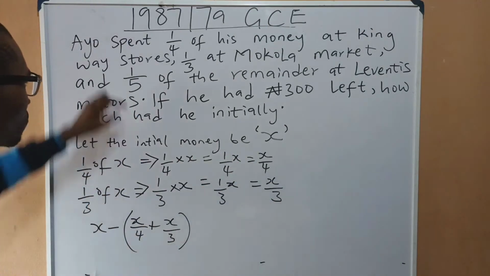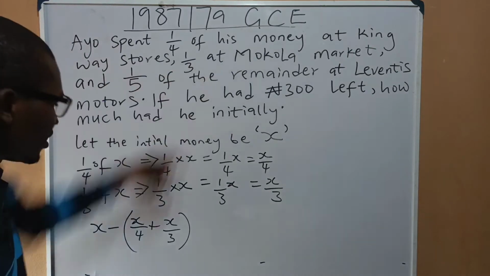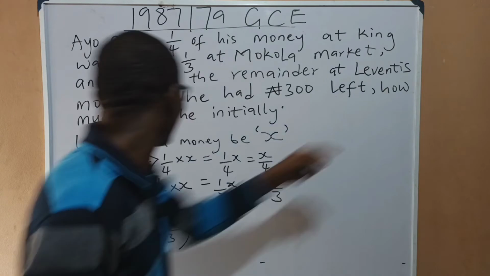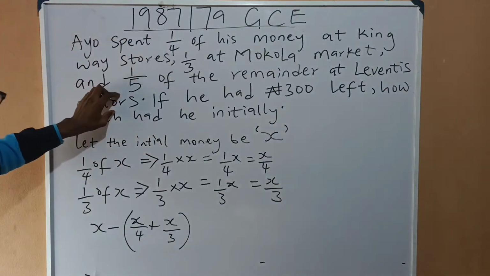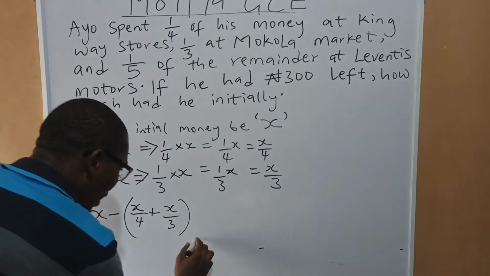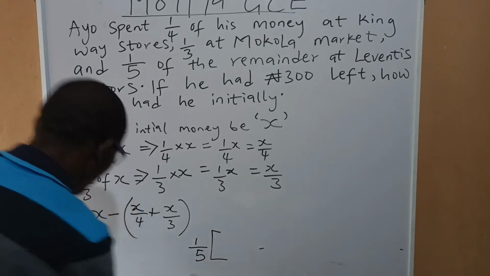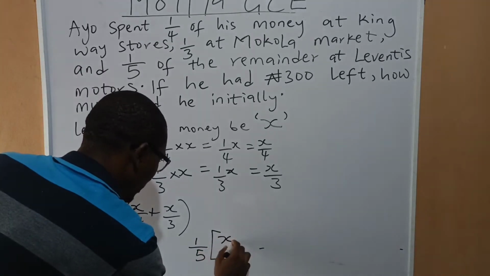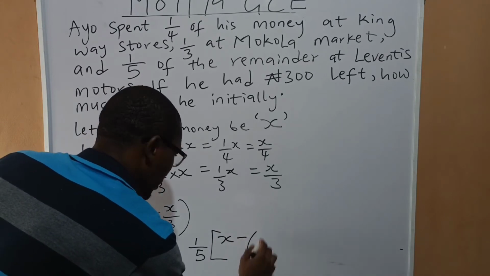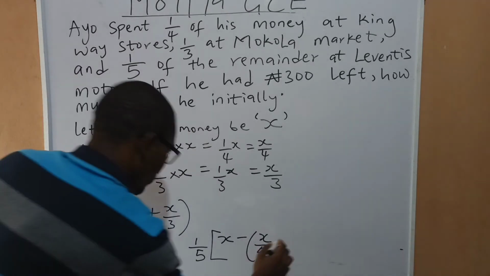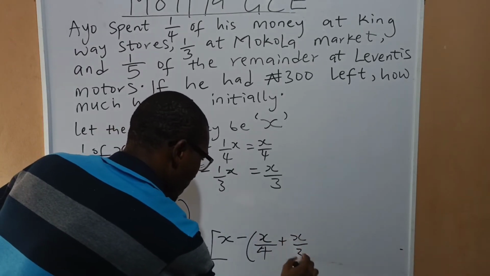So Ayo now spent 1/5 of this remainder at a motor park called Leventis Motors. So I will say 1/5 of this remainder, and the remainder is x minus, in bracket, x/4 plus x/3.